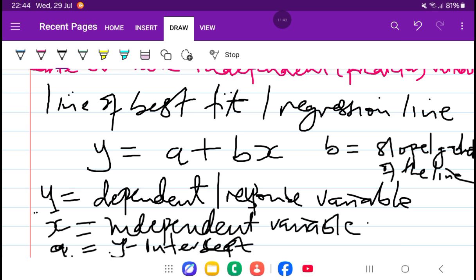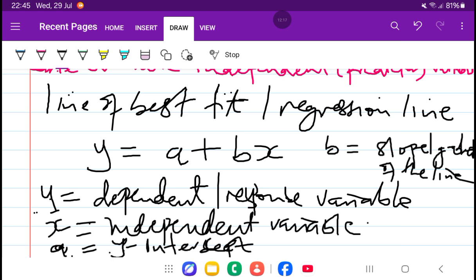Now, a line of best fit, most of the time we draw it by just using our eyes. So it is always dependent upon the subjective judgment of the person who draws it. You take it so long as it cuts across most of the plots that you have made.